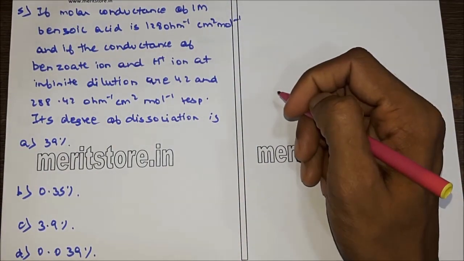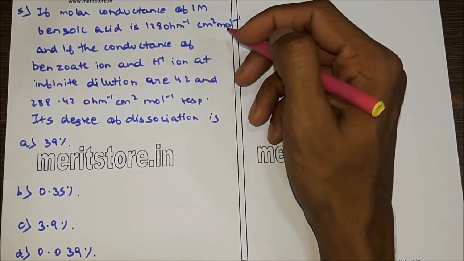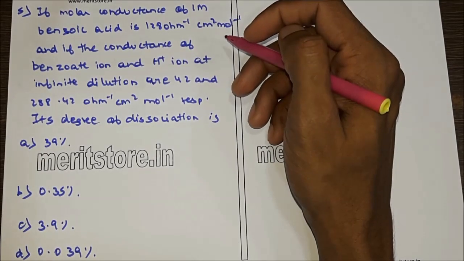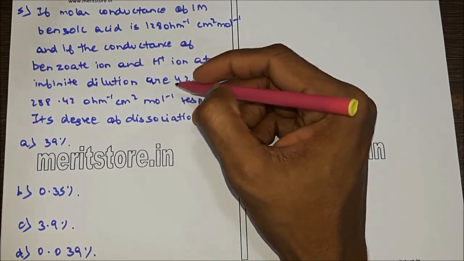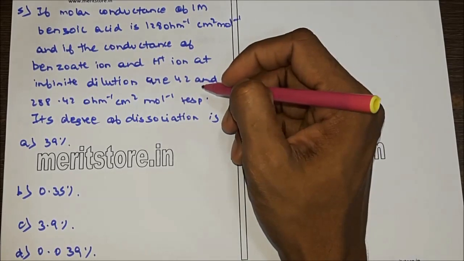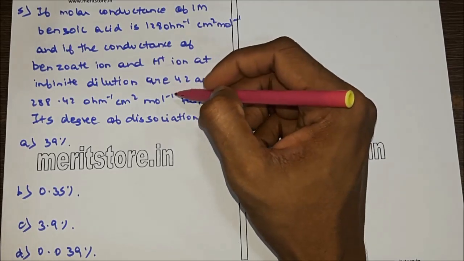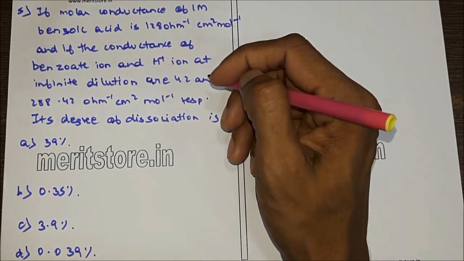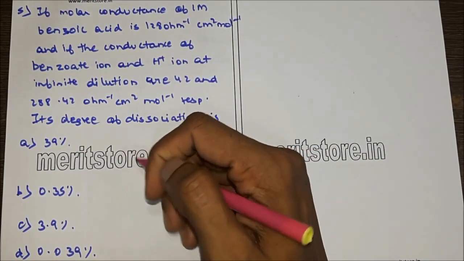Question 5. If the molar conductance of benzoic acid is 128 per ohm centimeter square per mole, and the conductances of benzoate ion and H plus ion at infinite dilution are 42 and 288.42 per ohm centimeter square per mole respectively, its degree of dissociation is, we're given four options.